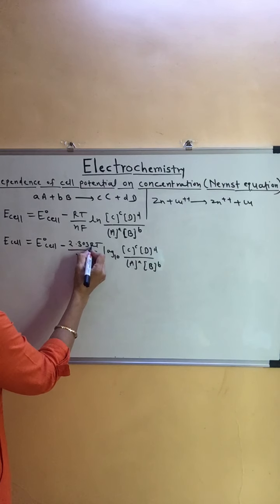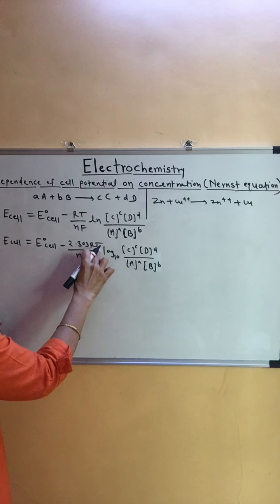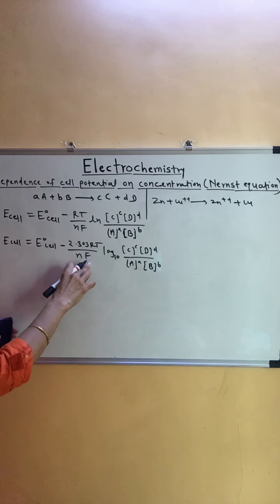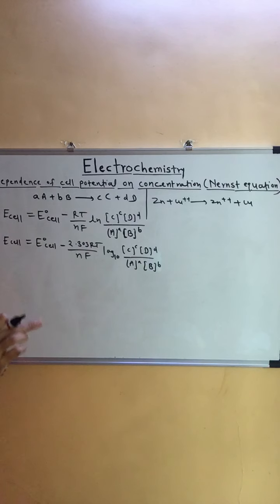Now see, if you substitute the values of R at 25 degrees Celsius, and Faraday, its value is 96500. Whatever the constant values are there, if you substitute, R is the gas constant, its value is 8.314 joules per Kelvin per mole, isn't it?